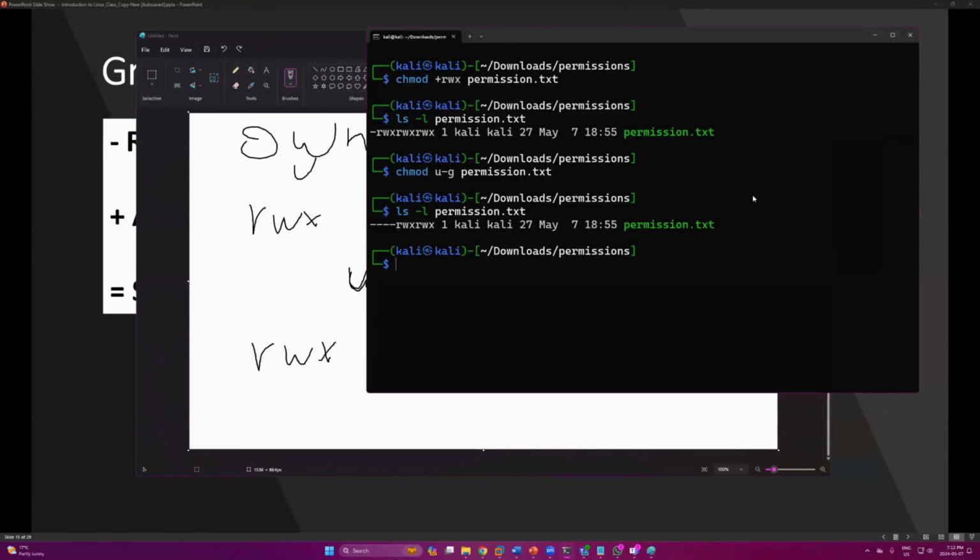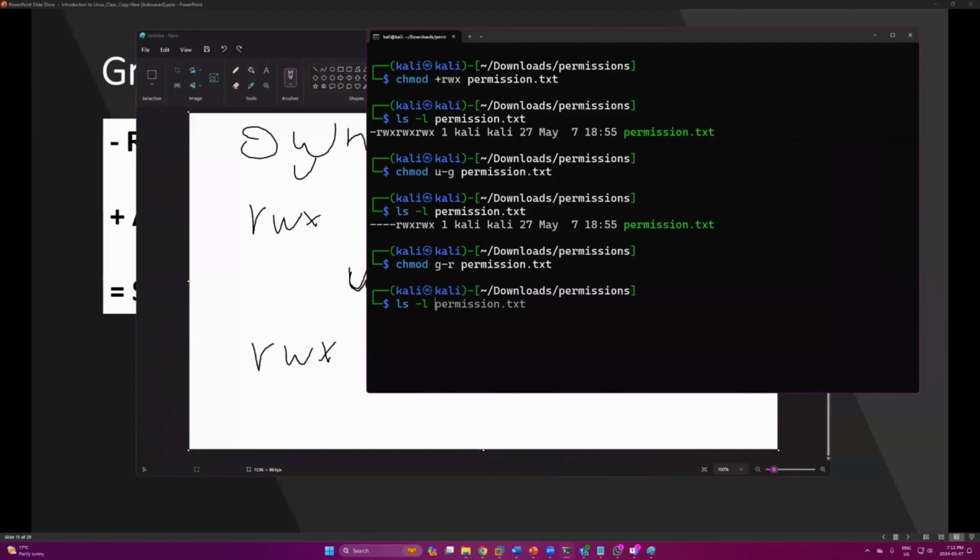So let's do another one. I'm just going to add that back in. So quickly, chmod G minus R to permissions.txt. What do you think is going to happen?